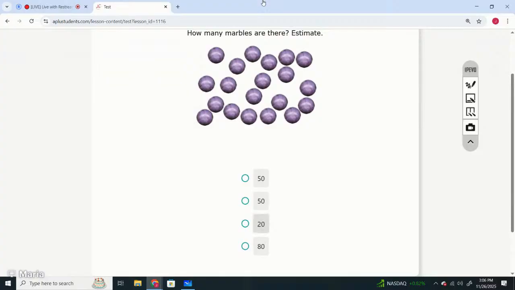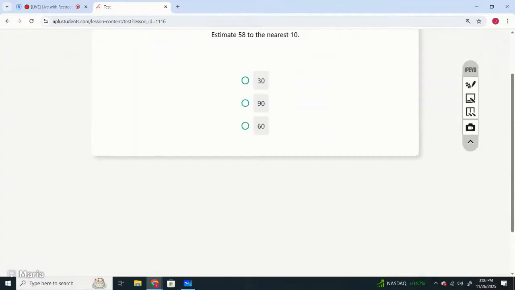They are just 20, because if they were 50, they would look like more. No, they are just 20. Option number 3 is the correct option. See, they are not 50.